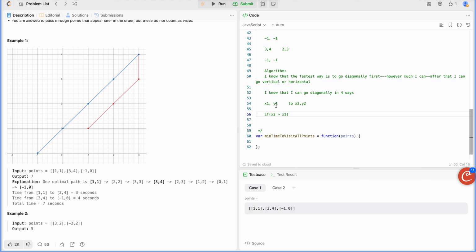If x2 is greater, then my diagonal dx will be equal to 1, okay?